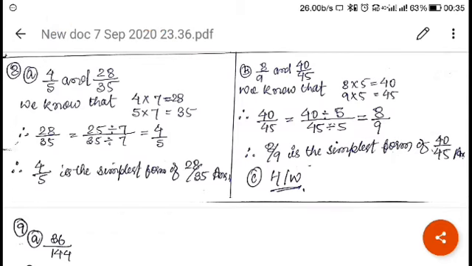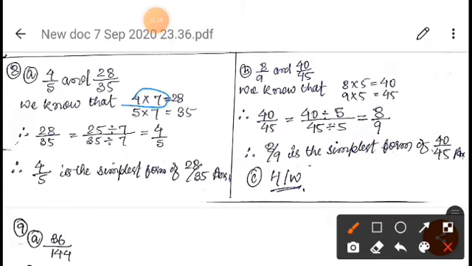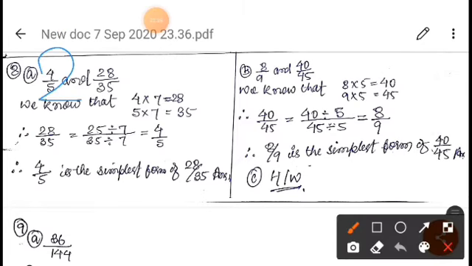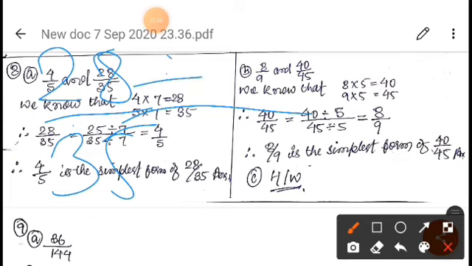As you can see, 4 into 7 is 28, and 5 into 7 is 35. So 7 is a common factor. We will divide 28 by 35 with 7.